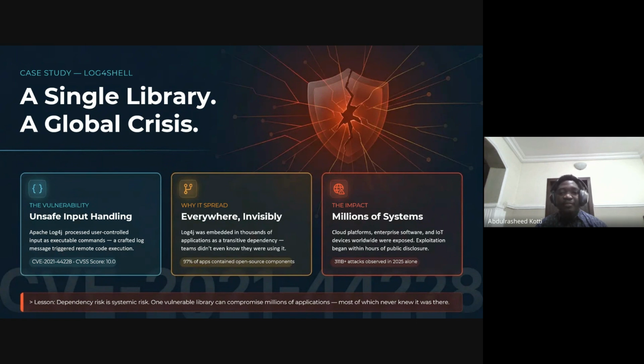It helps devs to track what is happening inside the systems. The problem was this: that tool accepted the input of users and treated it as code. What this meant is that this allowed attackers to run commands remotely.